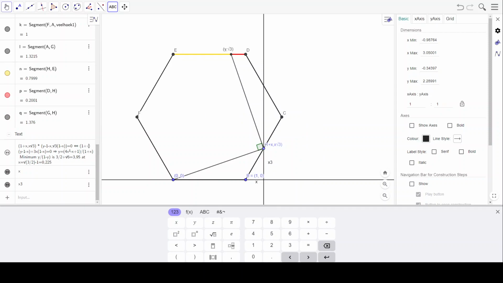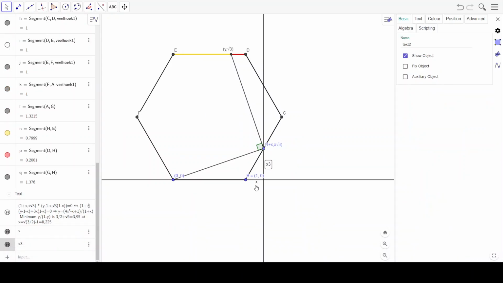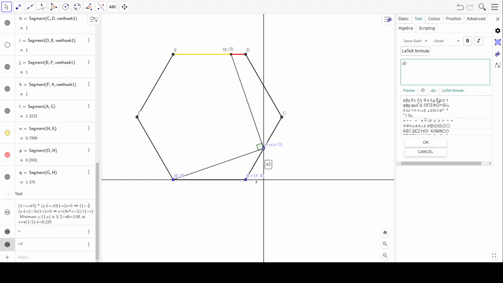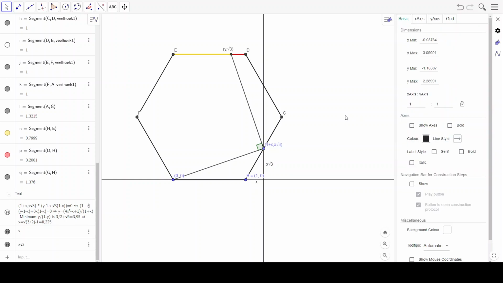Sorry, this is not showing what I intended. It should be the square root of 3, like this. Right. So the coordinates of this vertex here are 1 plus x, and the y coordinate is x square root of 3.